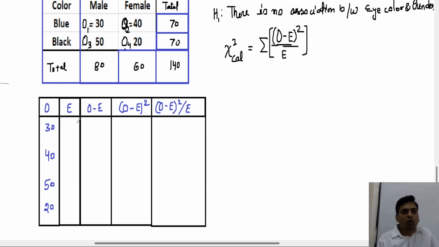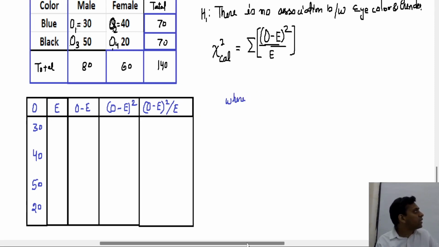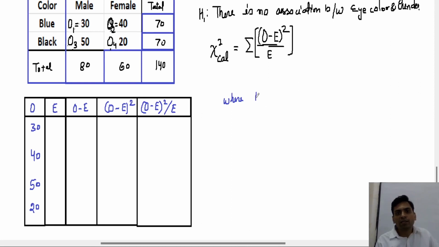Okay. So E is what? So for E we will write formula. For expected frequency E, formula is, listen carefully, corresponding row total. So for this 30, row total is 70. Corresponding column total, this is 80.